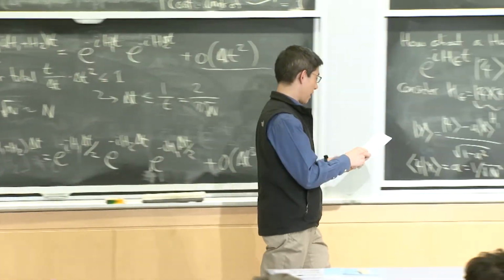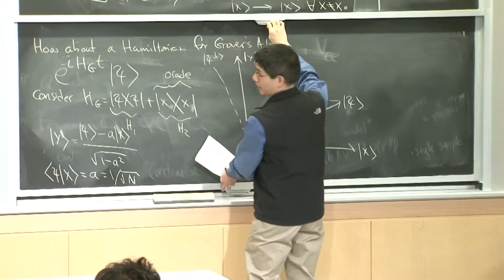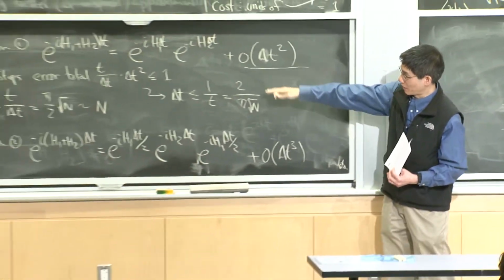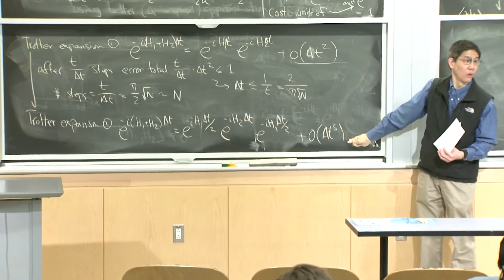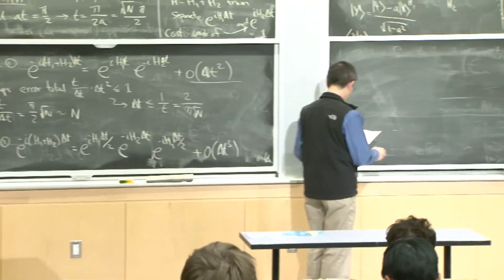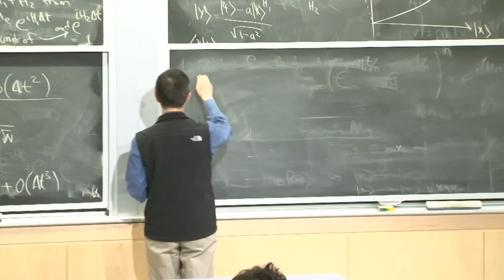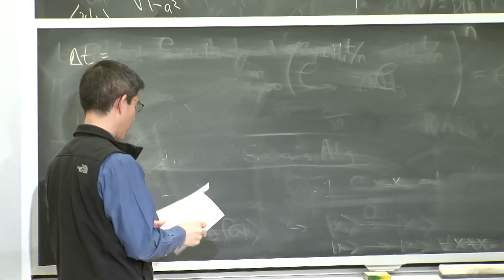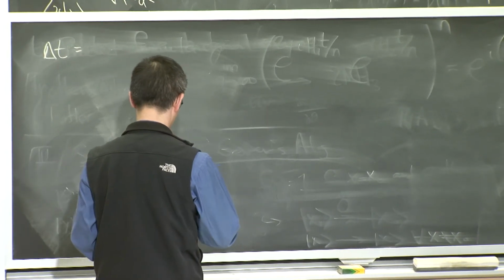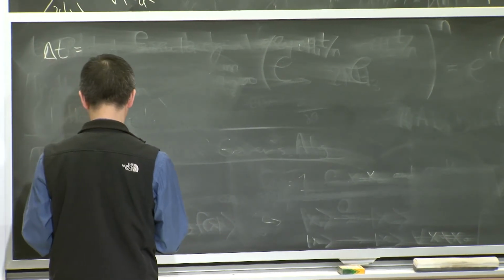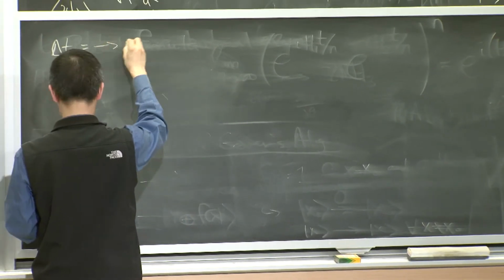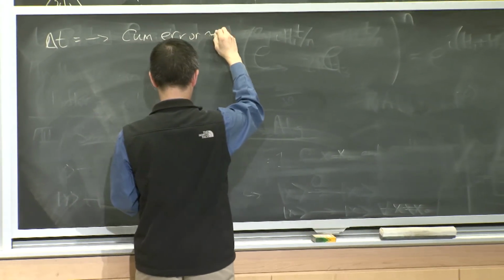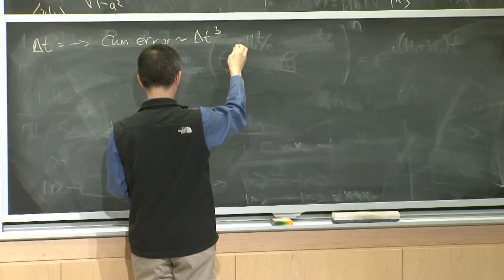Does that give you now an algorithm which scales properly? Let's work out the resource requirements in exactly the same way as here, but now for this higher order trotterization. I won't work out the details for you. Let me just give you the result. So delta t with this third order expansion now is such that the cumulative error will be on the order of delta t cubed times the number of steps.